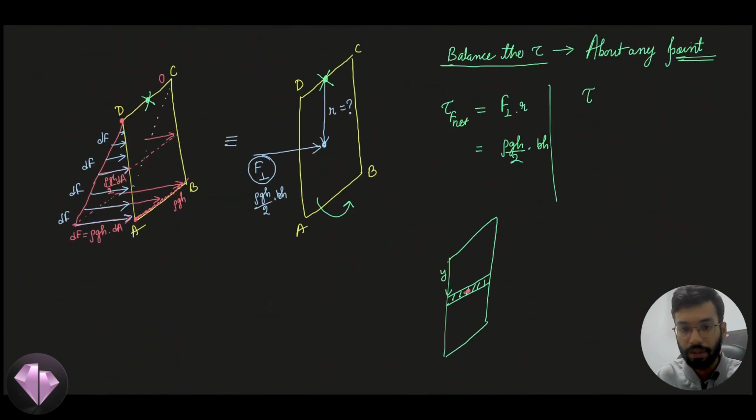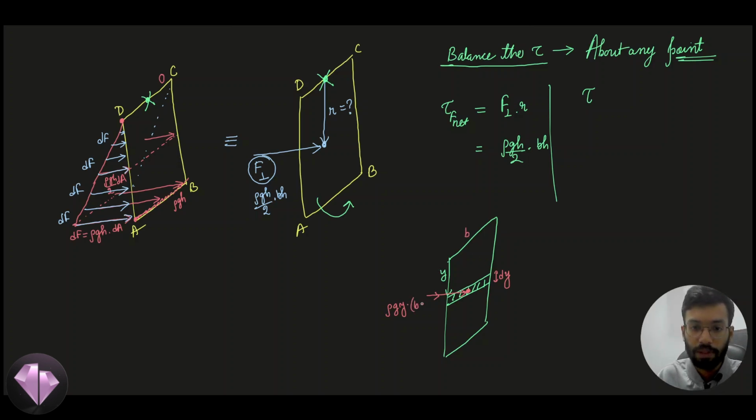So here you can apply that concept, and here the force is simply going to be the pressure. Pressure is rho gy into dA. What is the area? So let's say this width is dy. So this is B, I guess. Yes, it is B, and this is dy.